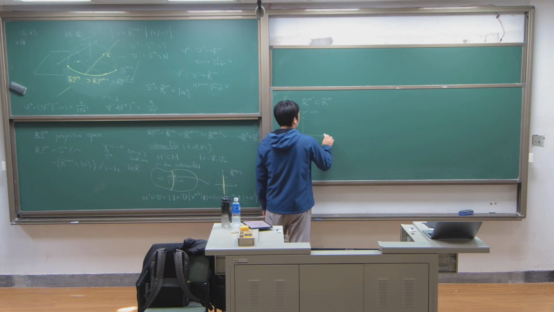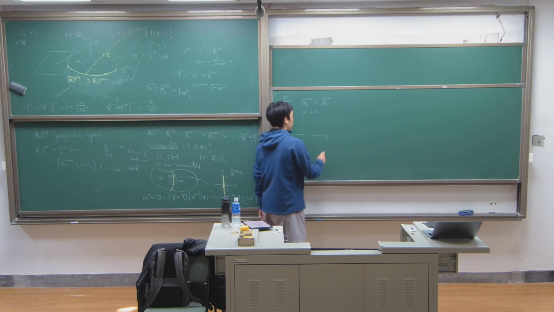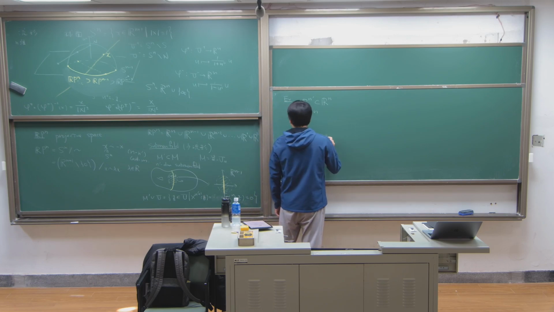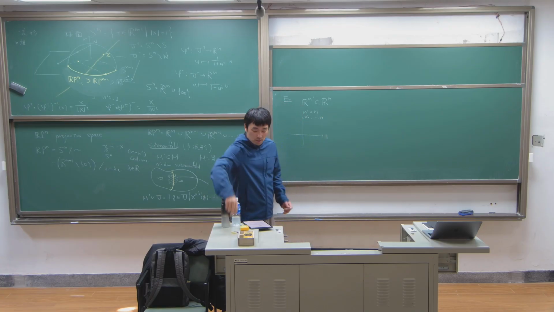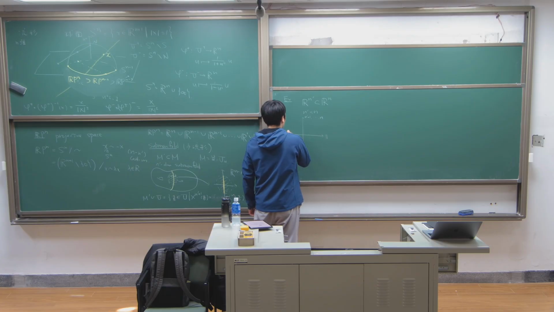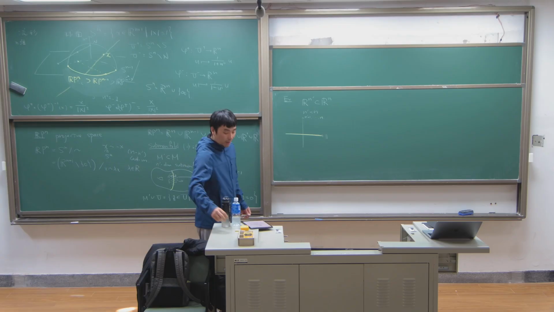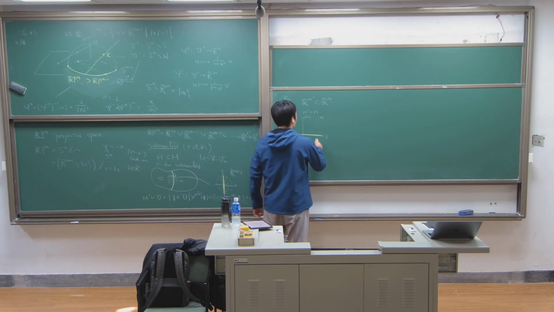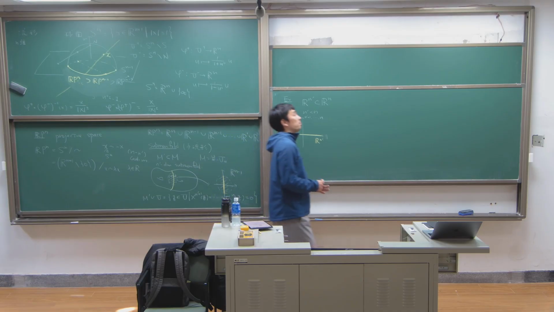When you set x1 to be 0, this part is R^(n-1). That's the summary.